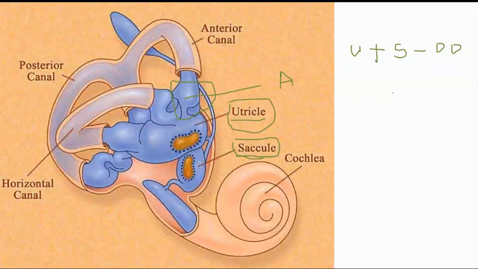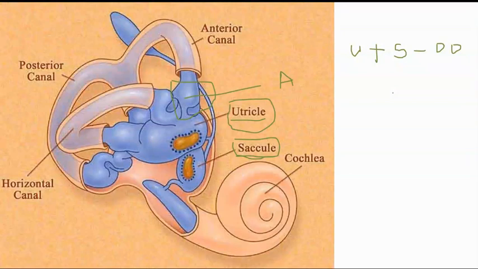And coming to the function, this is the receptor for gravity. The macula, which is present in the utricle as well as the saccule, is the receptor for gravity, and these are helpful in sensing linear acceleration. Linear means movement in a straight line.